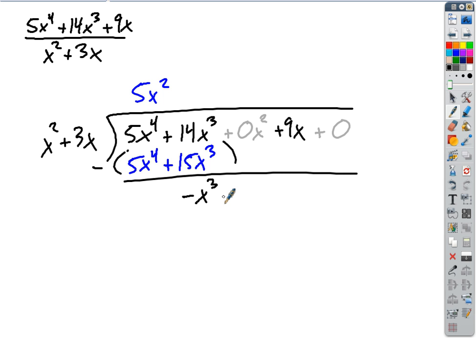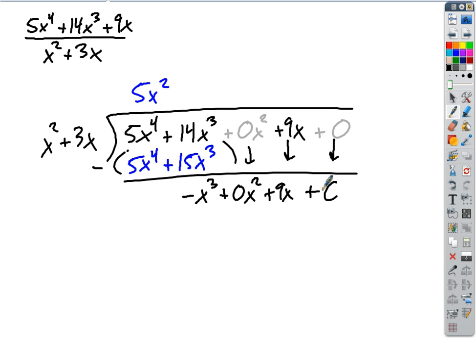And what do I do with the rest of the terms? Bring them down, because I'm just subtracting 0 from them. There's nothing to subtract. So plus 0x squared plus 9x plus 0. Okay, what's next? x squared times what is negative x cubed? Negative x.